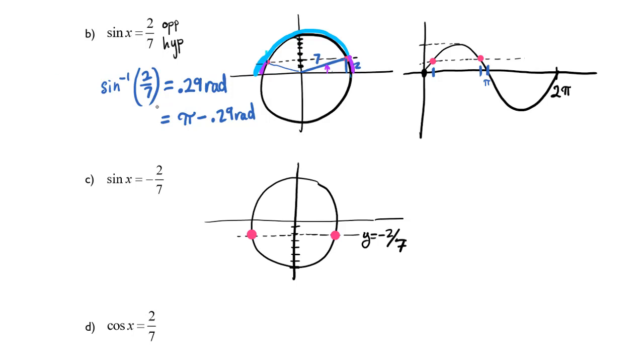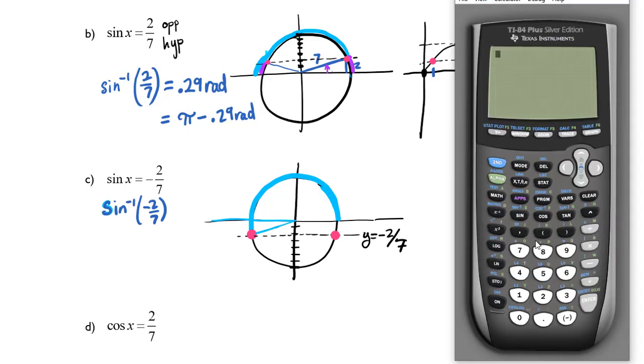I'll go ahead and draw the arc that will give me my radian measure. Notice that I will have something larger than pi to give me this angle here in the third quadrant.